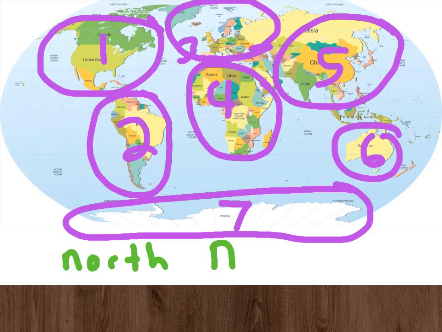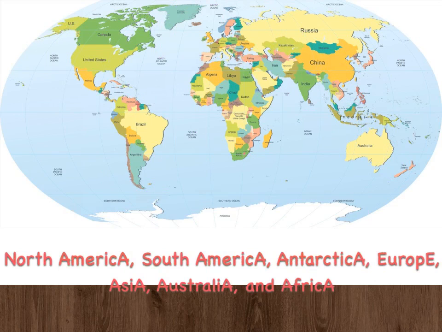It starts with an A, America. And it ends with an A. Let me show you better what I mean by this. North America starts with an A, ends with an A, and same with South America.